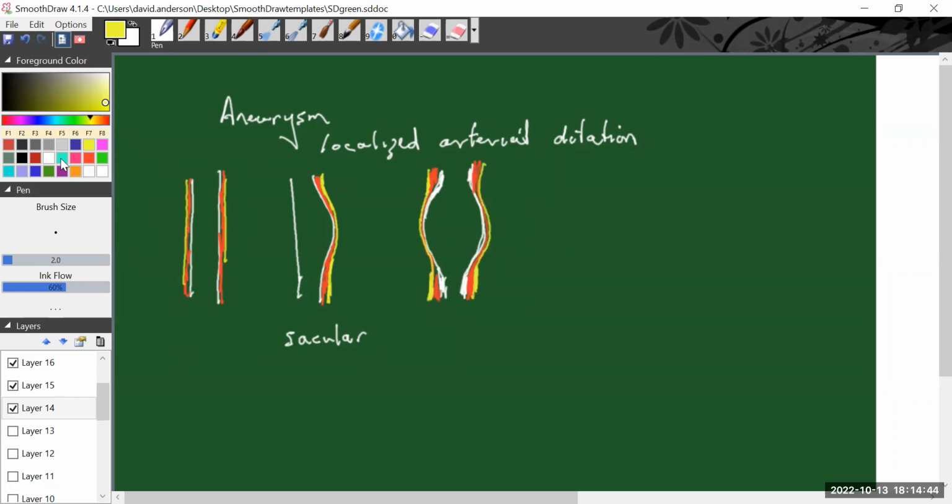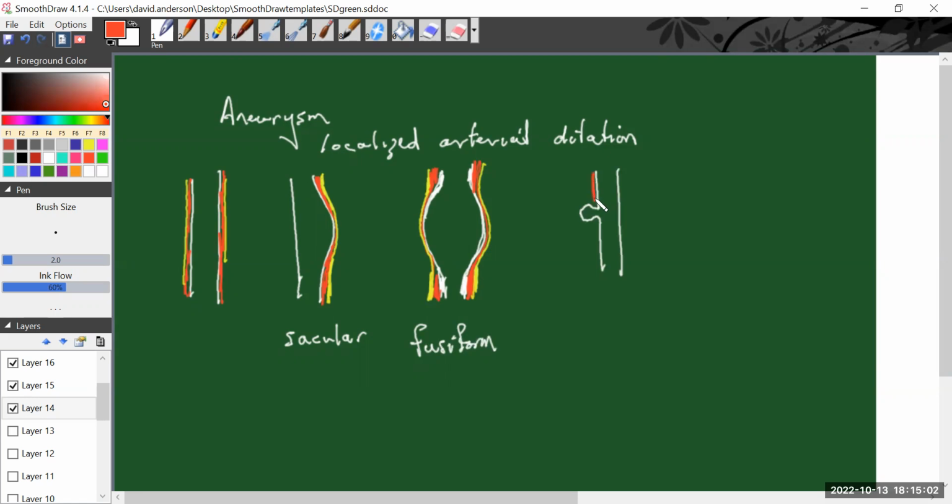On both sides, it's called a fusiform aneurysm. And then you can have a pretty distinct looking one that is called a berry aneurysm.